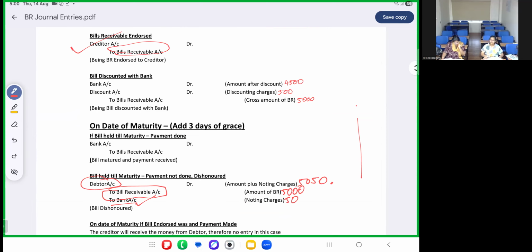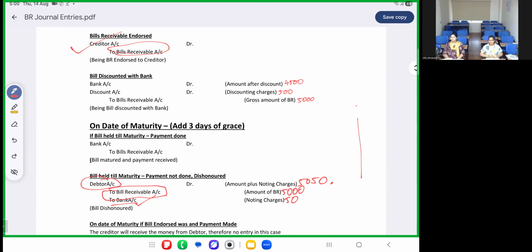When we created the bill, we debited the bills receivable. When we endorse it, we credit the bills receivable. We have closed the bills receivable account and the creditor account. So the bills receivable account, we need not open again.